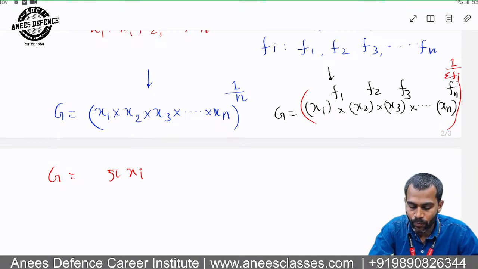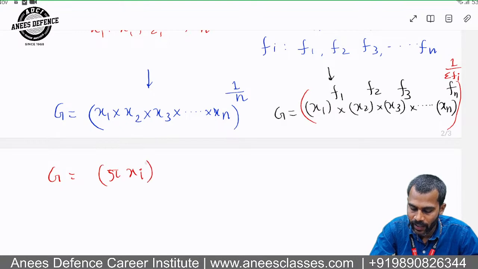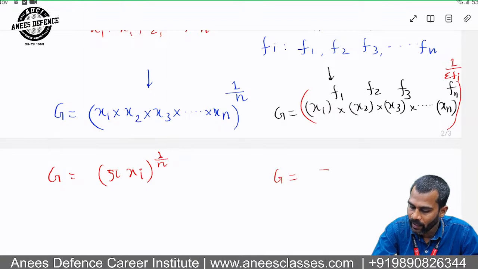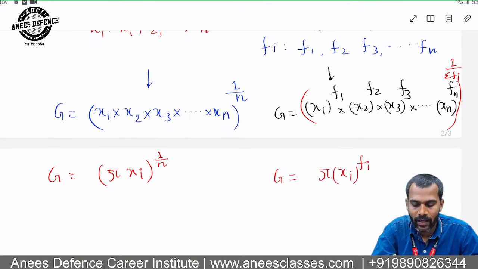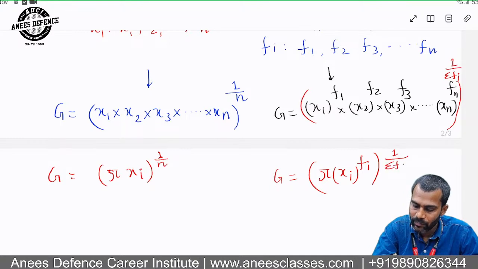So pi xi means the product of all the observations. I can write pi xi whole raised to the power 1 by n. Similarly, G is equal to pi of xi raised to fi, and whole power 1 by summation fi.